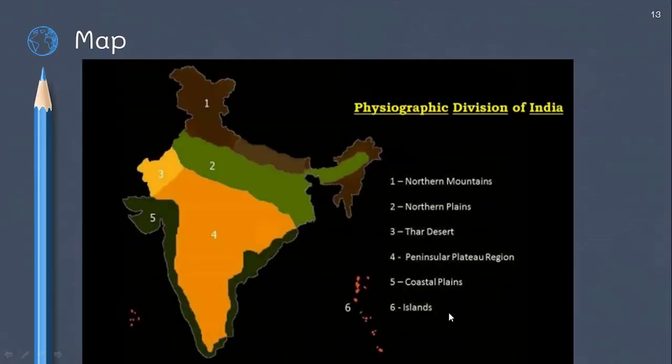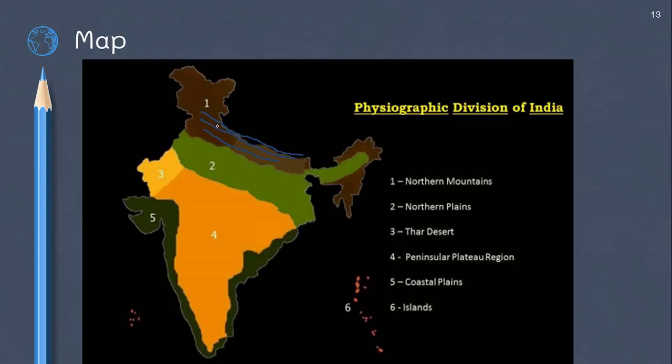Next, if we see the physical features of India, look here. Because of the Himalayas, rivers flow from this part. The first was called Greater, then Lesser and Shivaliks.